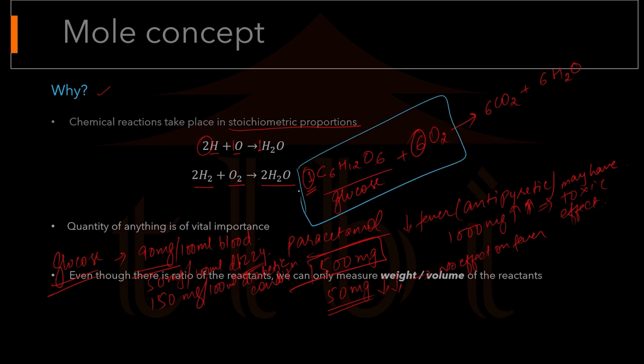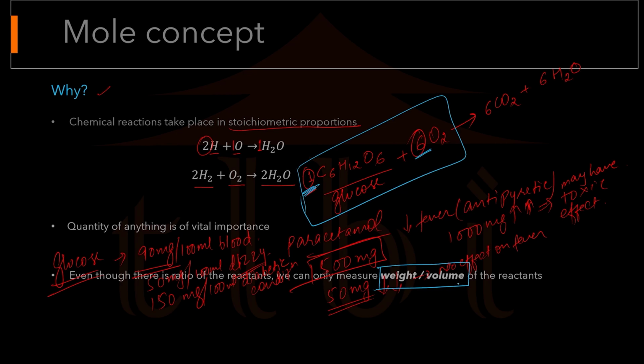Now I cannot pick one molecule of glucose and 6 molecules of oxygen. It's impractical for me. What I can actually do is only measure the weight or the volume of the reactants.